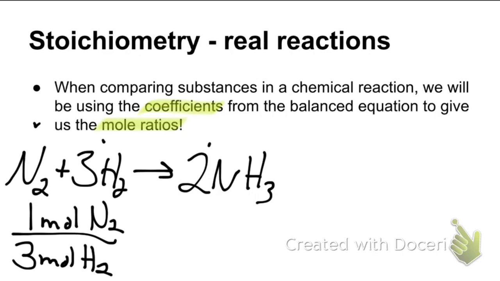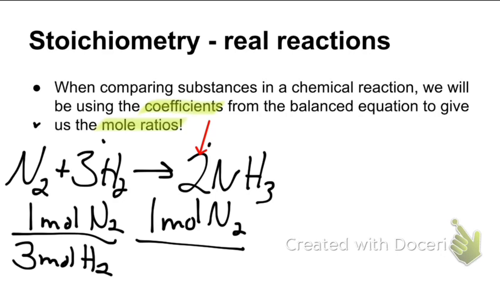And for every 1 mole of nitrogen gas we use, how much ammonia can we make? We can make 2, because that's what the coefficient is, 2 moles of ammonia gas. And we can actually just keep comparing all of our reactants to all of our products.